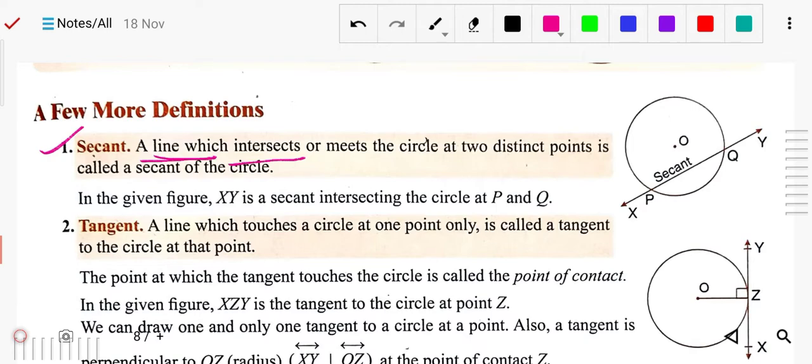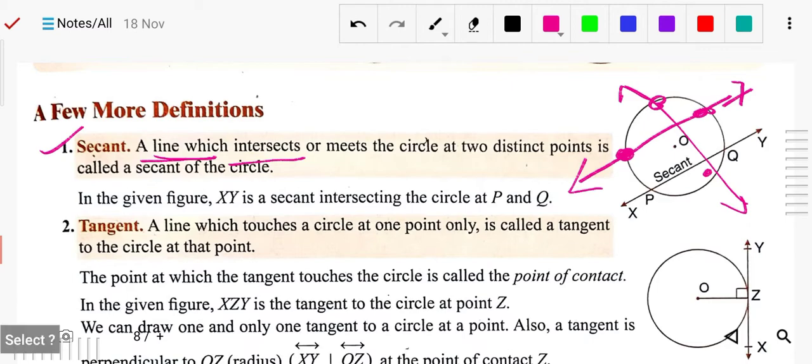So here you can see, secant simply means it intersects at two points, like here is one point and here another, and it crosses it. A line which intersects the circle at two distinct points, like here it can cross. Okay, this is your secant.